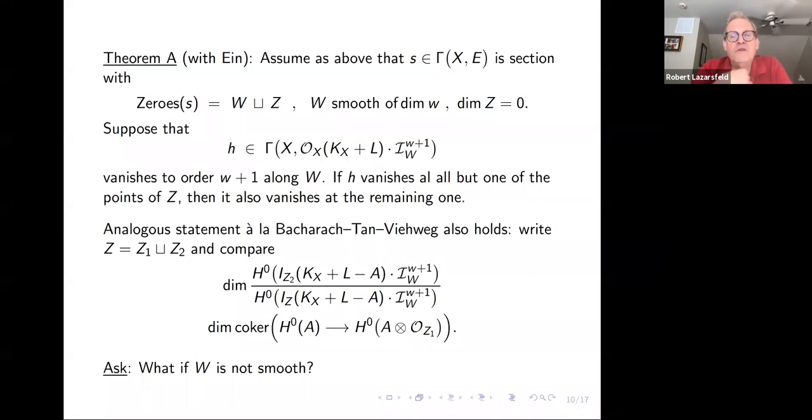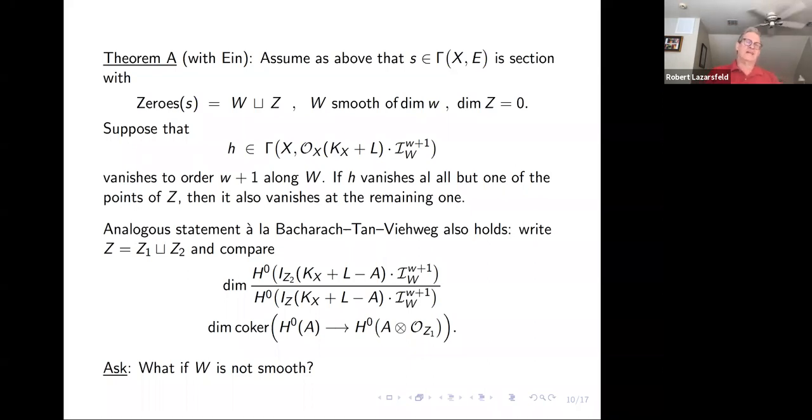So in other words, we do get that this set Z satisfies Cayley-Bacharach in general under these hypotheses, but not with respect to all sections of K plus L vanishing along W. We want to look at the smaller collection of sections of K plus L that vanish to order dim W plus 1 along W. Okay, so that's the first theorem.